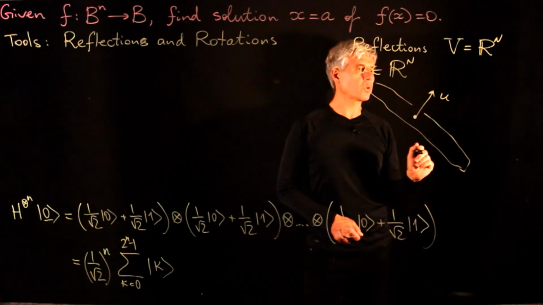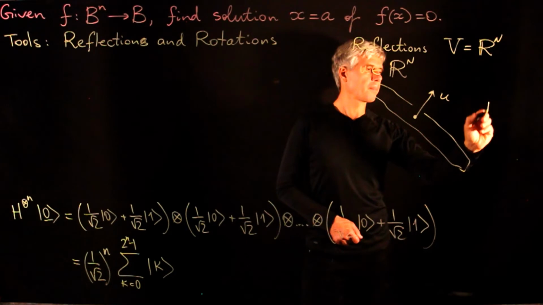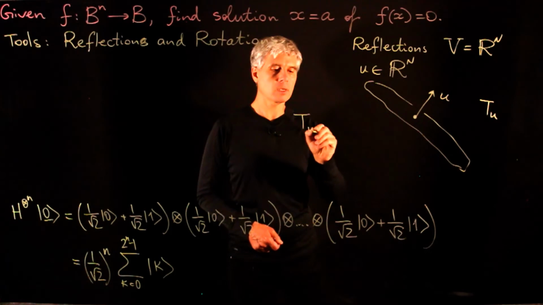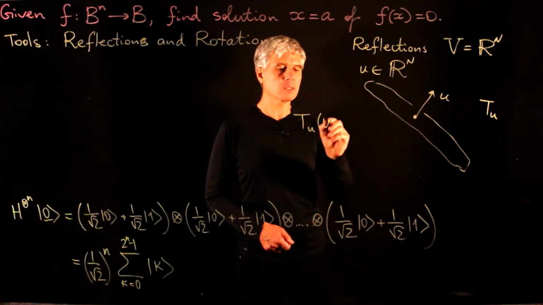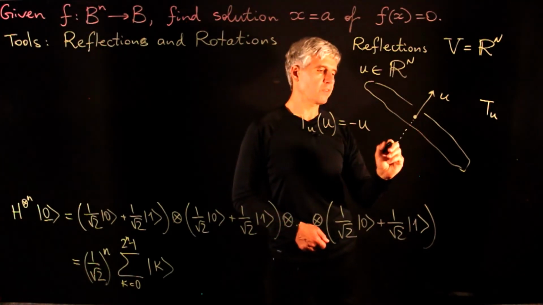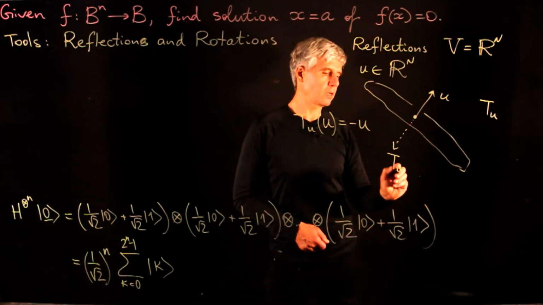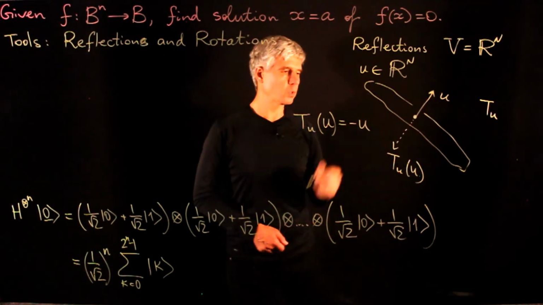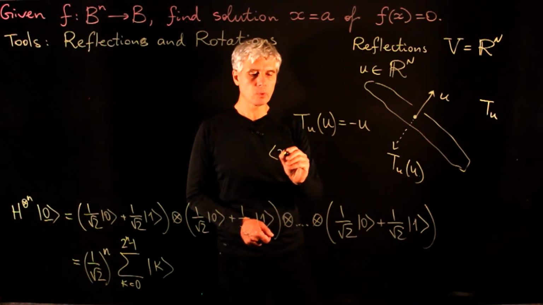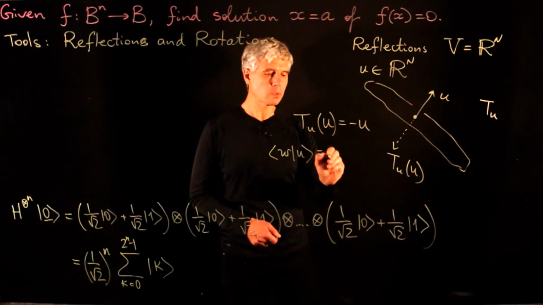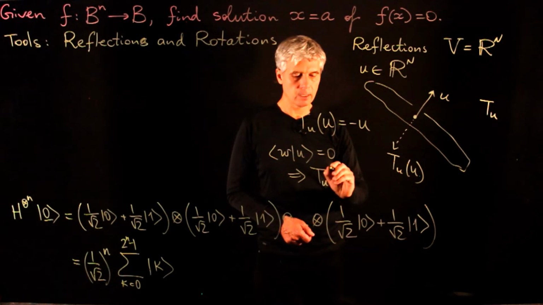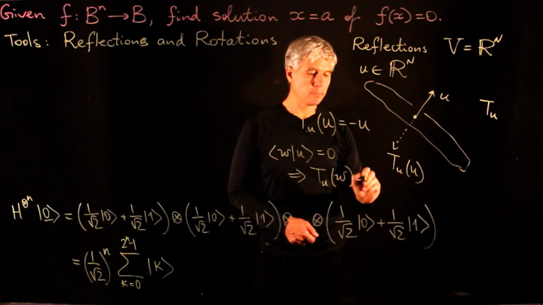And then the reflection has the property that it reflects the vector u itself to its opposite, right? So this vector is reflected to its negative, right? And if w dot u is equal to 0, then vectors on this hyperplane are not moved by this reflection.